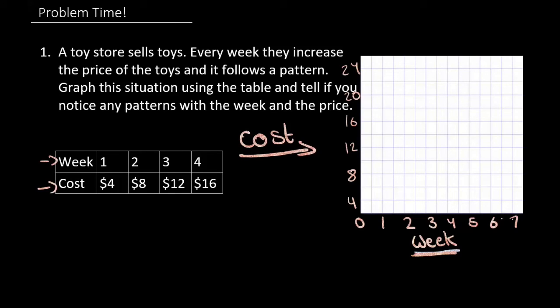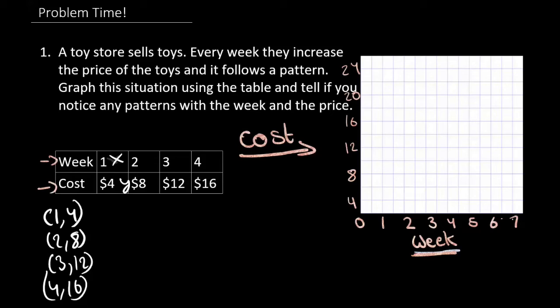So we can just turn these into ordered pairs and then graph them. So this is x and this is y. So we can just write it as 1 comma 4, 2 comma 8, 3 comma 12, and then 4 comma 16.